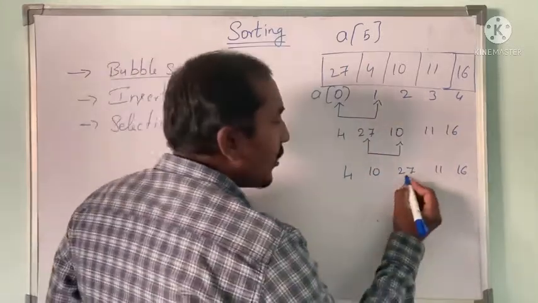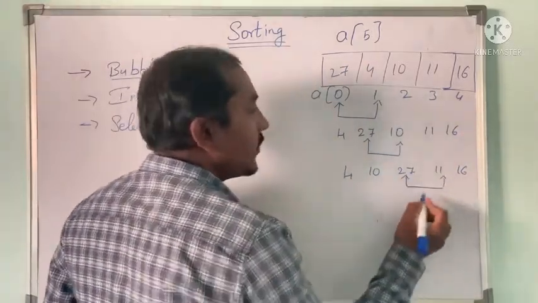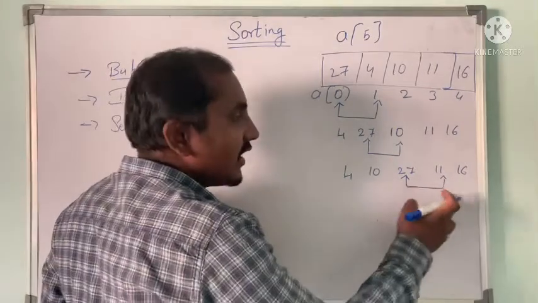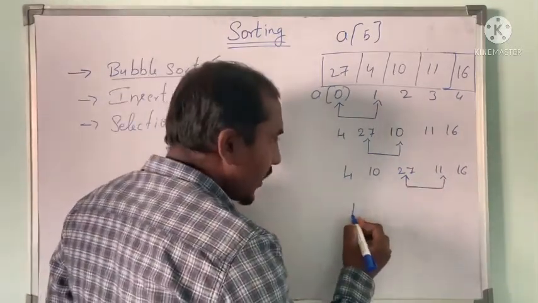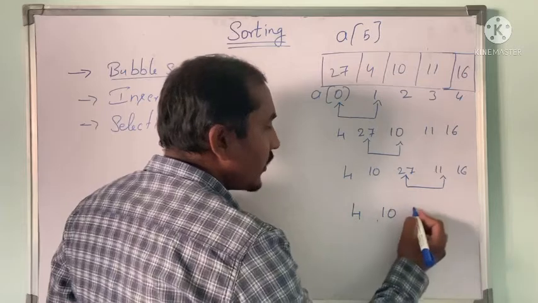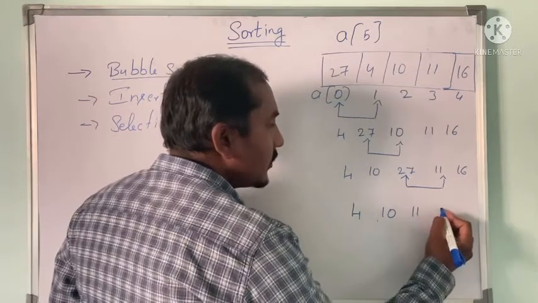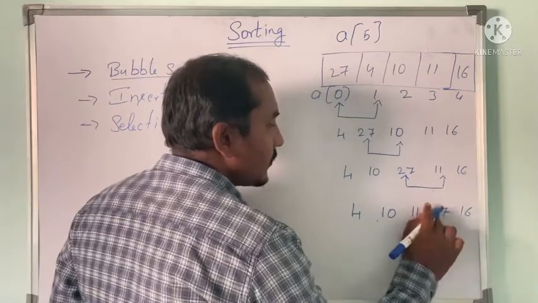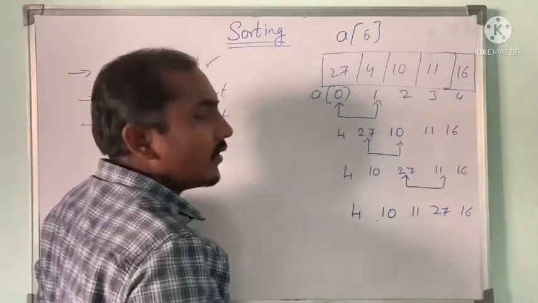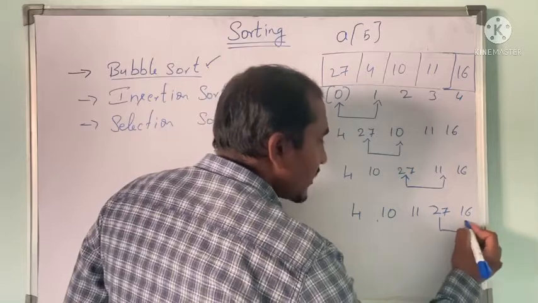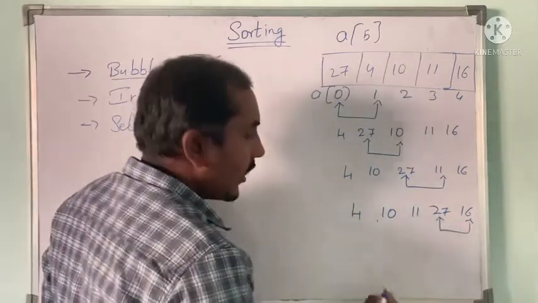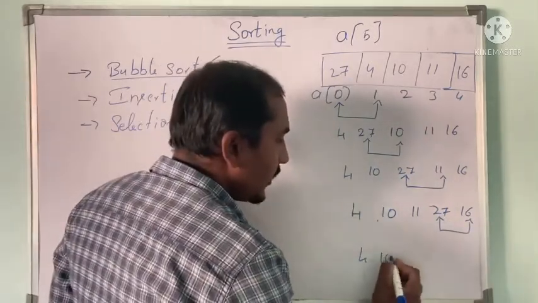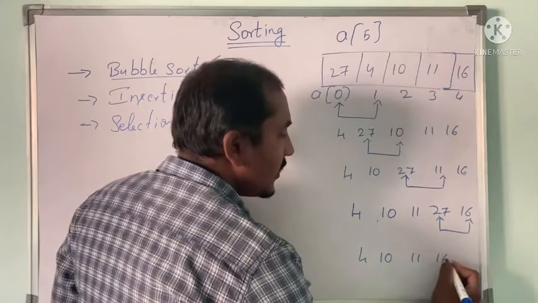Now again it compares 27 with 11. 27 is greater than 11, so we swap again and get 4, 10, 11, 27 and then 16. And at last we compare 27 with 16, so that I get 4, 10, 11, 16 and 27.